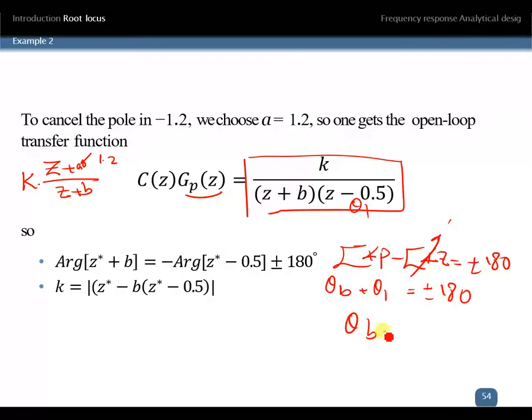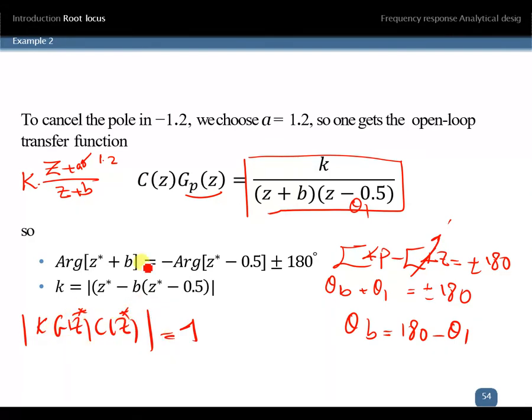That means theta B equals 180 degrees minus theta A. That means if I find theta A, then I can find theta B, then I can find B. For K, if you remember, the magnitude of G(z)C(z) should be equal to 1 at z star. I can find K here.